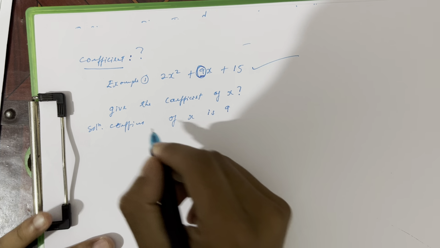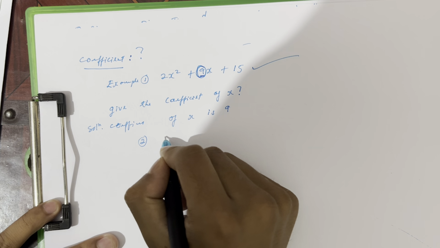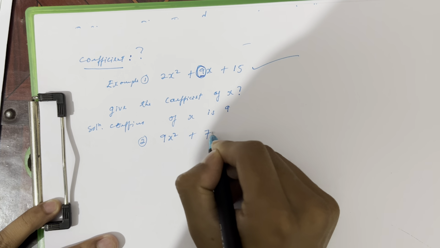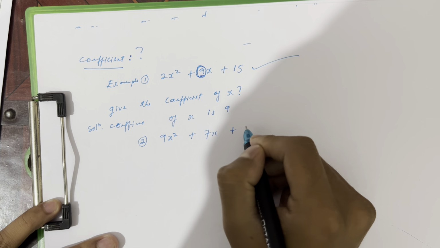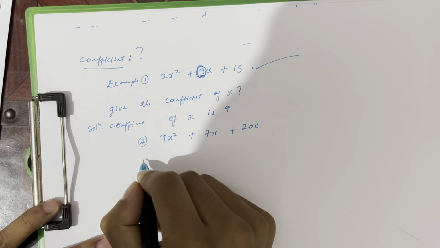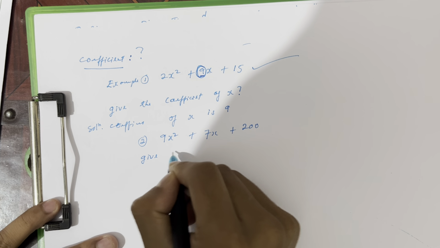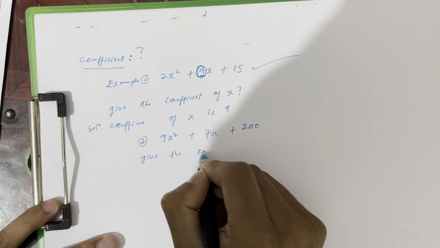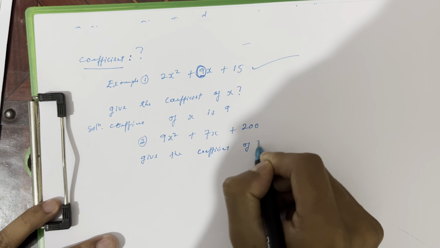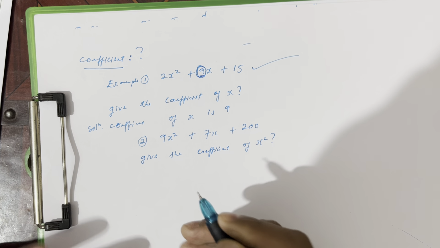Second example: 9x squared plus 7x plus, let's say, 200. Now if I say to you, give the coefficient of x squared, what will you give me?